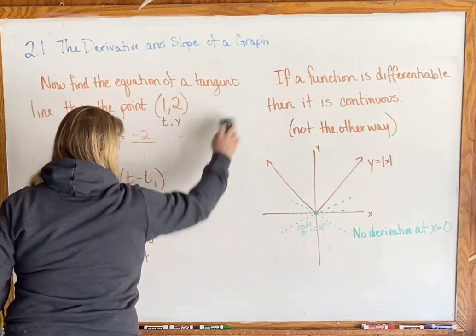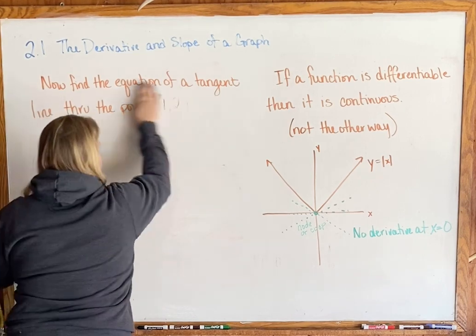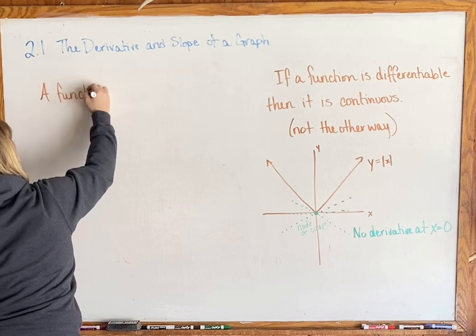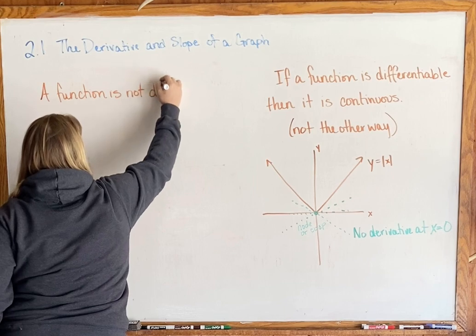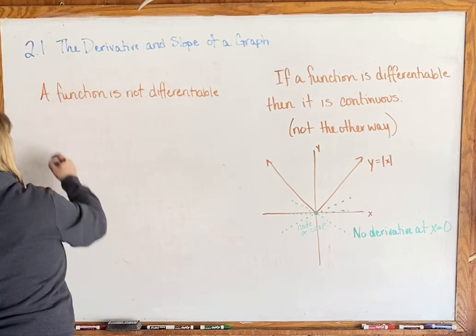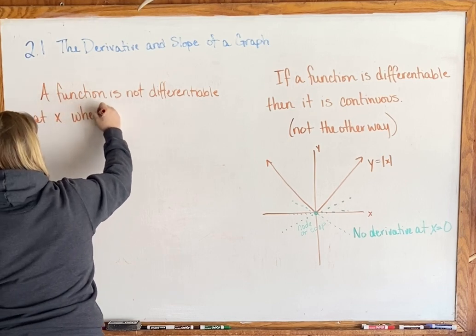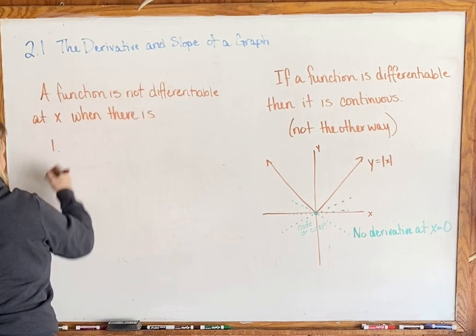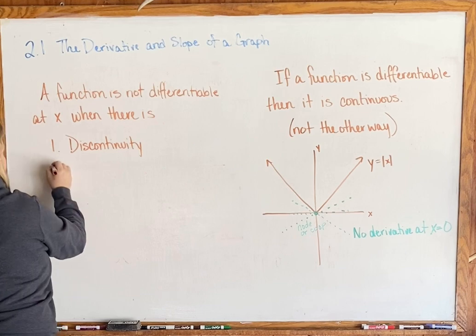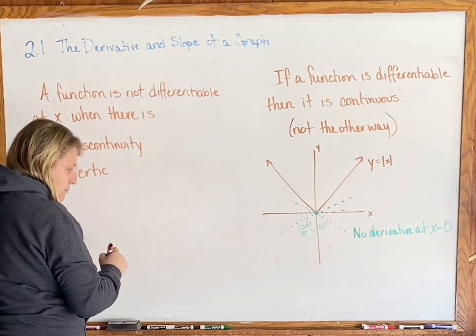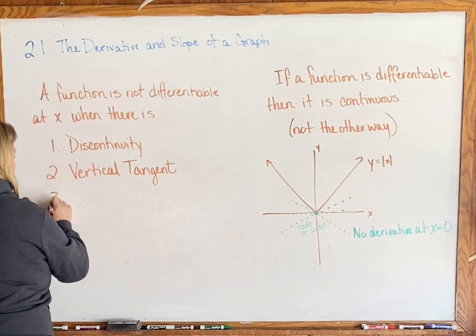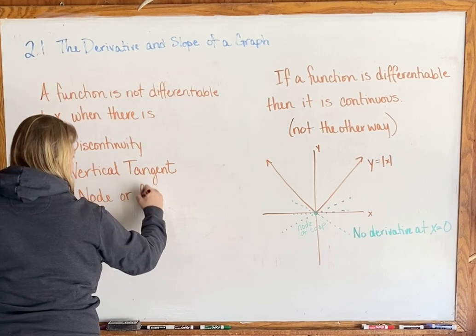So what this little theorem and then this idea leads us to is that a function is not differentiable at x when there is either a discontinuity, a vertical asymptote, or wait a minute, a vertical tangent, not asymptote, got carried away there, a vertical tangent, or third, a node or a cusp.